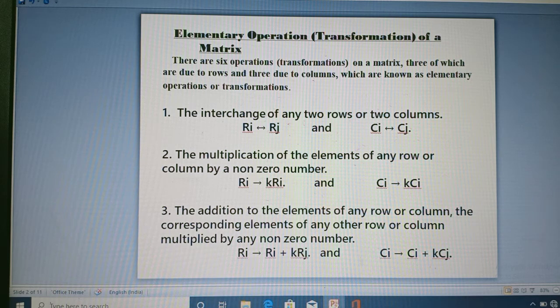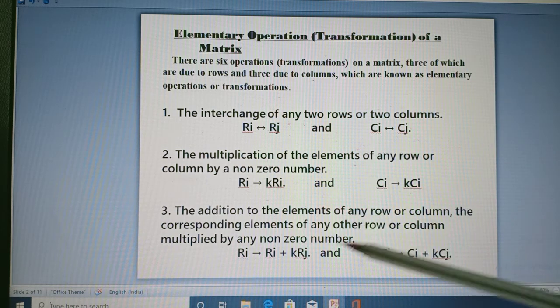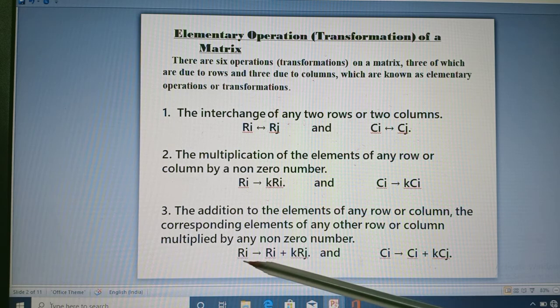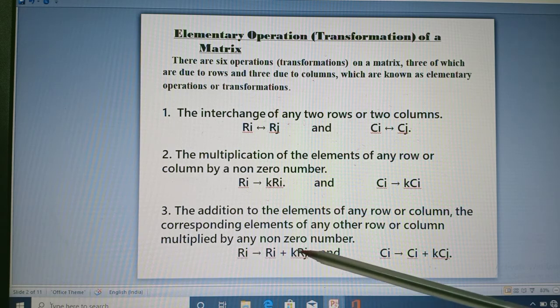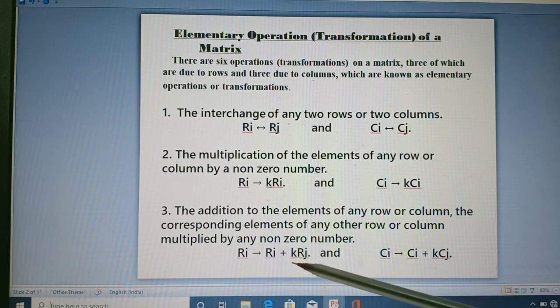The next operation is the addition to the elements of a row or column. Students, we can change any particular row or column by adding other rows or other columns with a constant multiple. Ri can be changed as Ri plus K Rj, where K is a constant and Rj is the jth row.